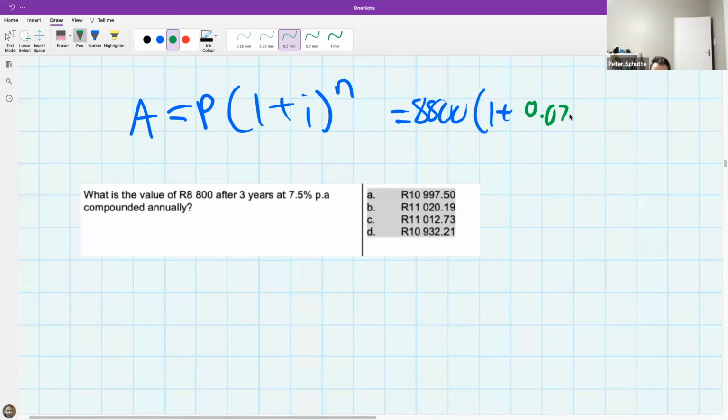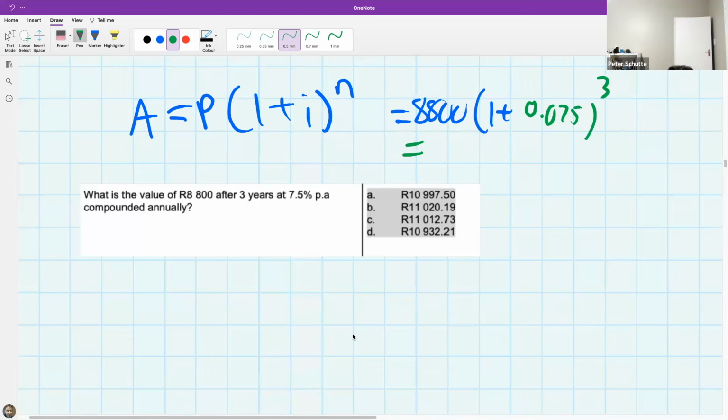And then there should be 3. So what are we getting as our answer?